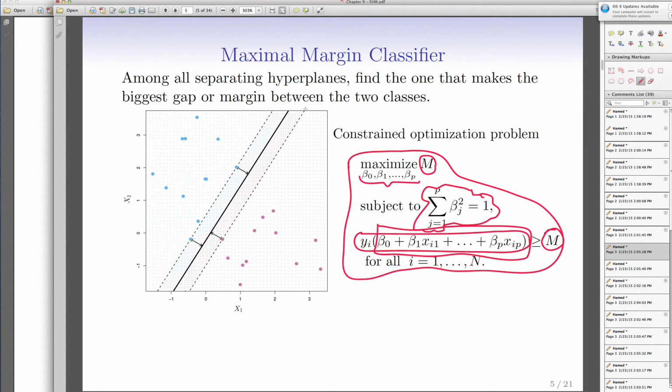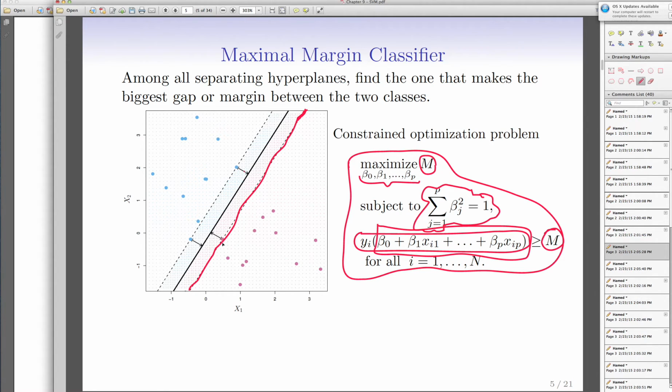Let's see what will happen if we change this line to, say, this margin. Let's assume this dashed line was our hyperplane. In that case, the smallest distance we have from this line, from both groups, is this 0, right?